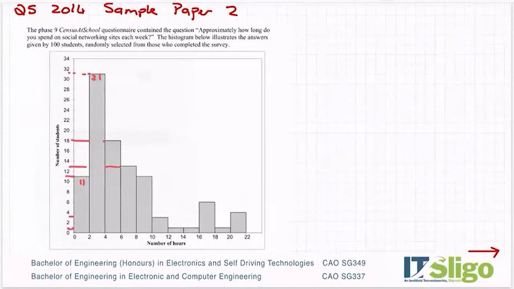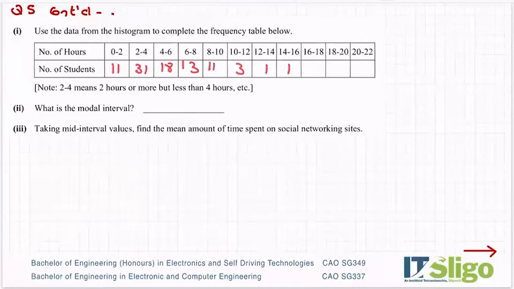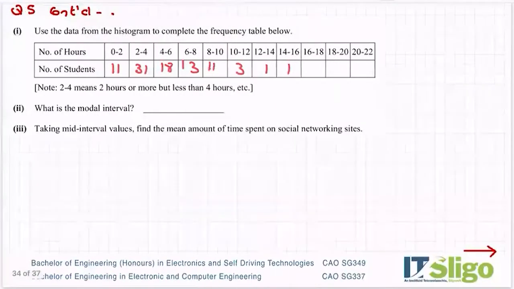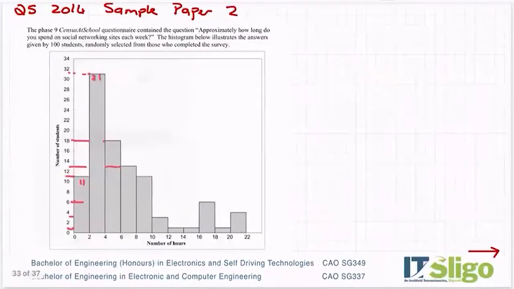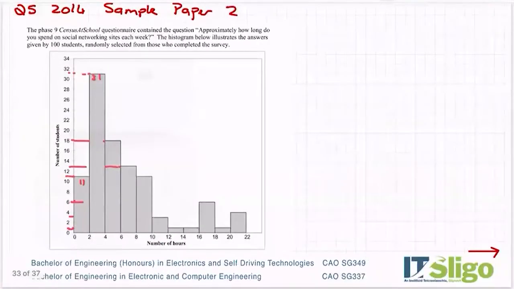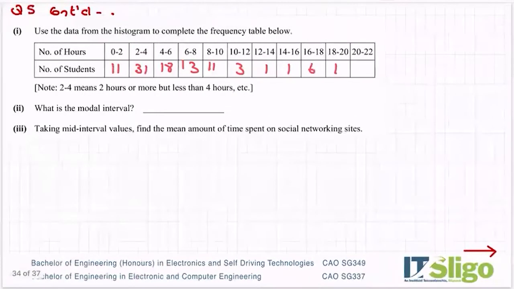It's 1 student. 1 and 1. 16 to 18 hours is a bit of a jump up, 6 students. 18 to 20 is 1 again. And 20 to 22, was that 4 if I remember right? Yeah, that was 4.